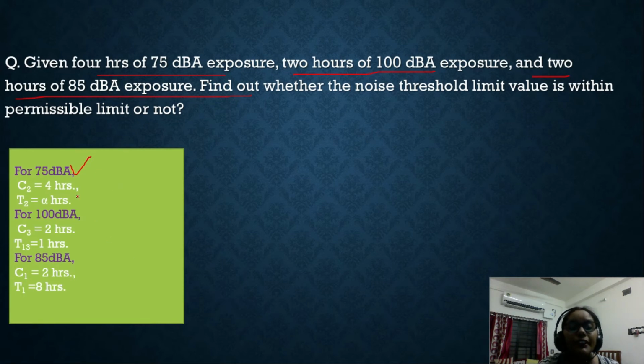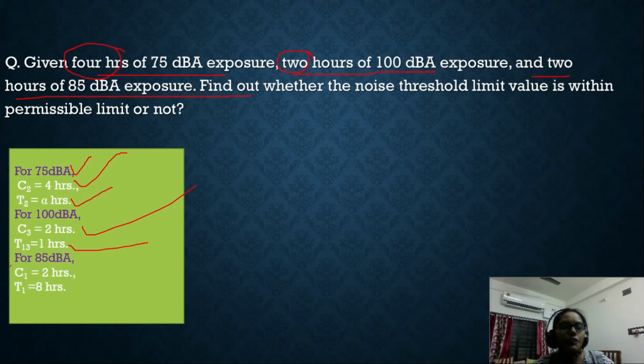Actually for 75 decibel, the permitted limit is infinite hours, and the C1 value given is 4 hours. For 100 decibel, C2 is 2 hours and the permitted level T2 is 1 hour.